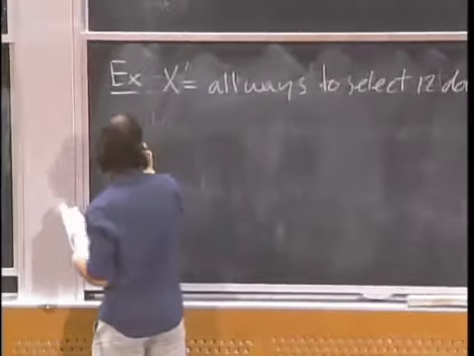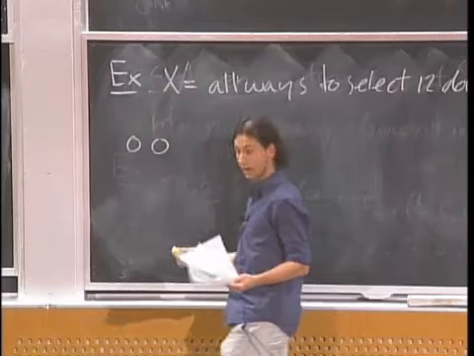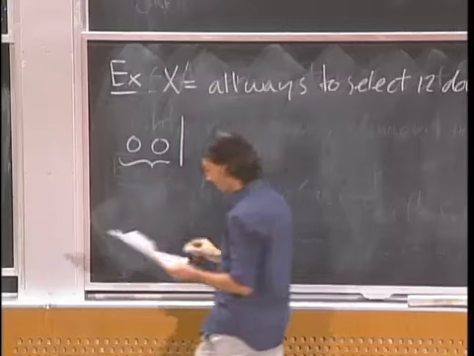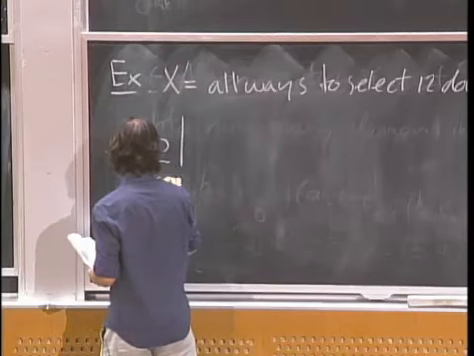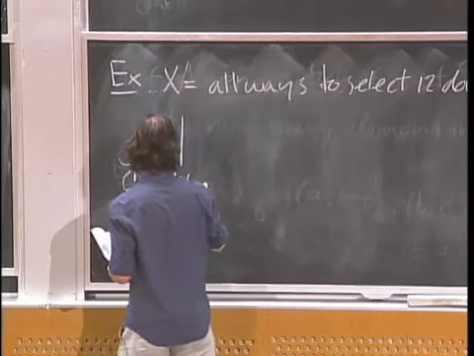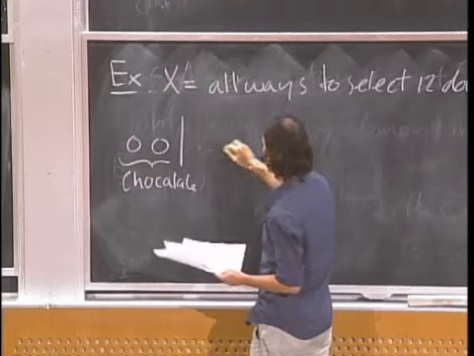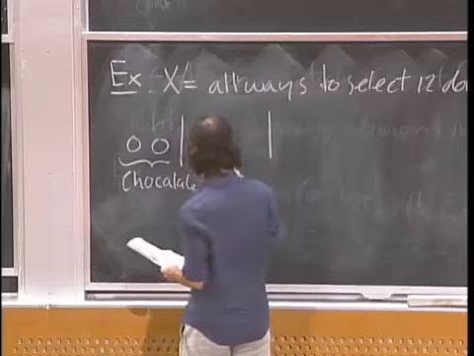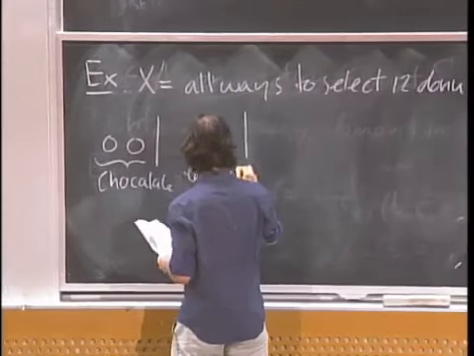For example, we may have 2 donuts, and they are in the chocolate flavored basket. So we have chocolate. And suppose we have no donuts in the lemon-filled version of a donut.